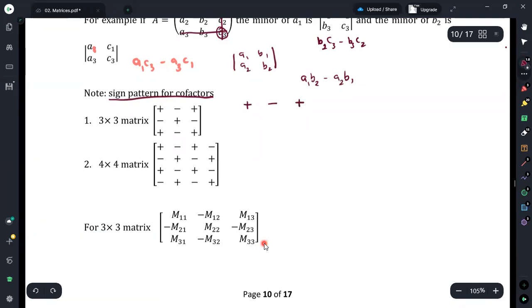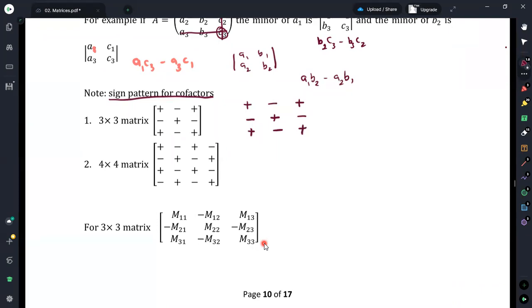The second row starts from the opposite end, and it continues in this way, and the third row continues in this way. Now you can see that if you consider any two consecutive positions, we will have opposite signs. And now we will look at the 4 by 4 matrix.